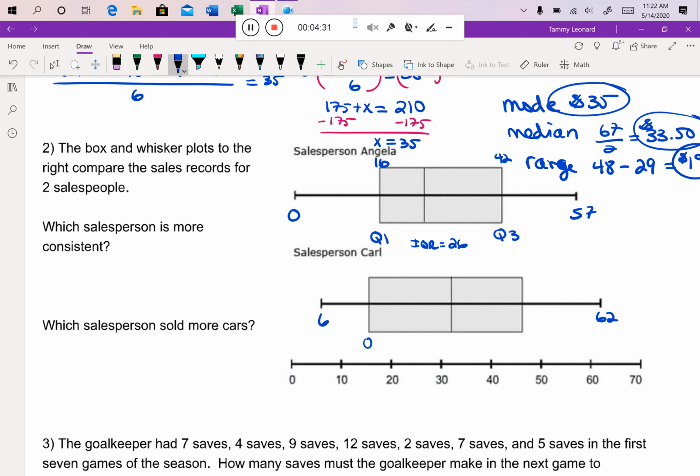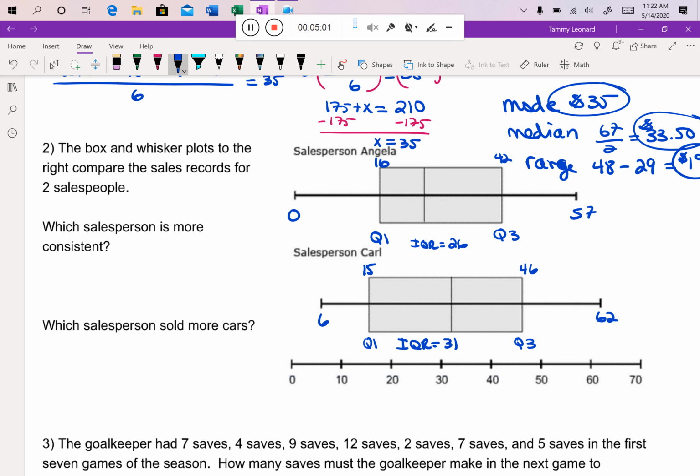Now, if we make the same comparison for Carl, his first quartile looks like it's right around 15. So that's slightly lower than Angela's first quartile. And his third quartile looks like it's around 46. So his IQR is actually going to be a little bit bigger. His data is a little bit more spread out. His interquartile range is 31.